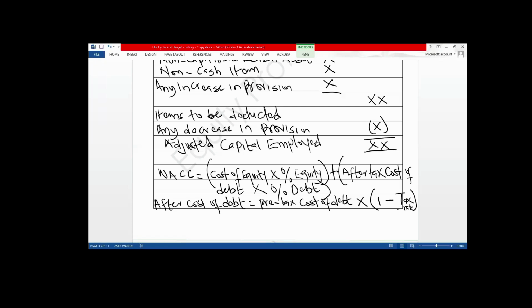You are going to tell the examiner that one, to calculate economic value added, we need to determine the net operating profit after tax.